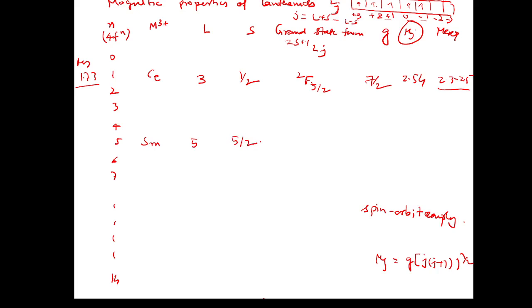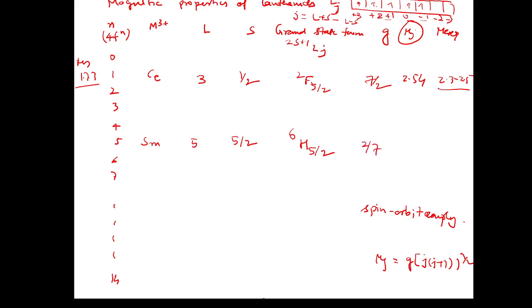What is the ground state term for L equal to 5? The term is called H, and 2S plus 1 will be 6, and since it is less than half filled, L minus S will be the value. So it will be 5 by 2, because 5 by 2 minus 5 by 2 is nothing but 5 by 2. So if we calculate the g factor, it will become around 2 by 7.